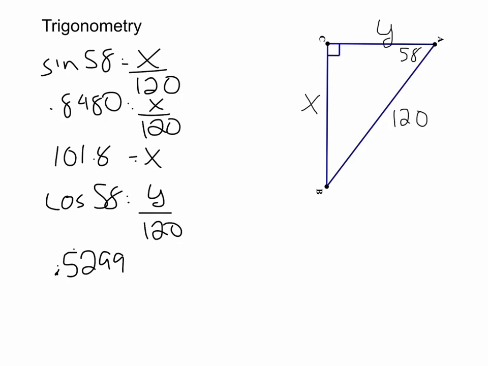And again, we could use our calculator to figure these values out, or use the table of trig values that I gave you. Equals y over 120. Multiply both sides by 120, and we get y equals 63.6.